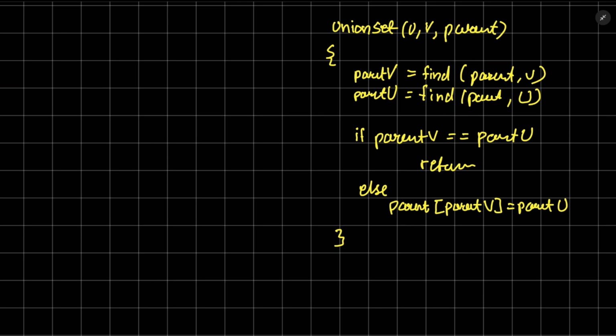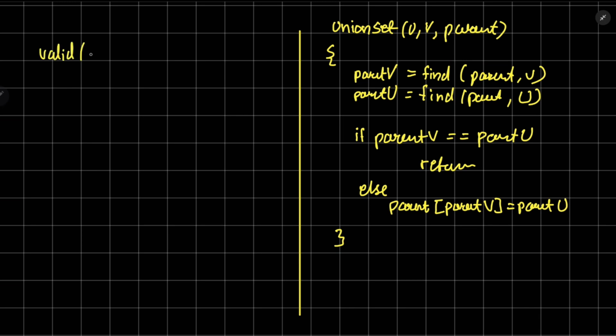But if a higher height tree is inserted into the lower height tree, that will increase depth a lot. So let's not go there. We'll just have the union set function here, and now we only have to write the driver function, or we can say the valid path function.